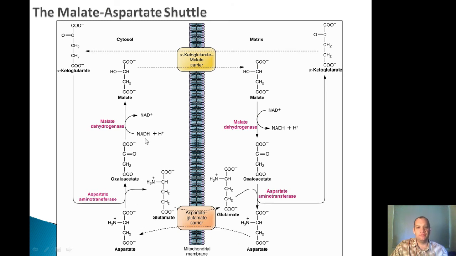And then we have two types of enzymes which exist on both sides of the membrane. We have a malate dehydrogenase, which exists both inside the matrix and inside the cytosol, and we have an aspartate aminotransferase, which also exists on both sides of the membrane.